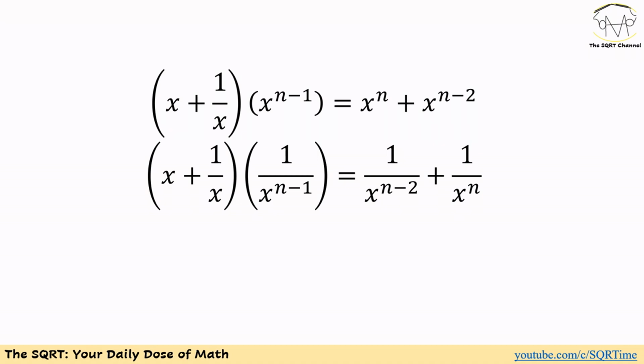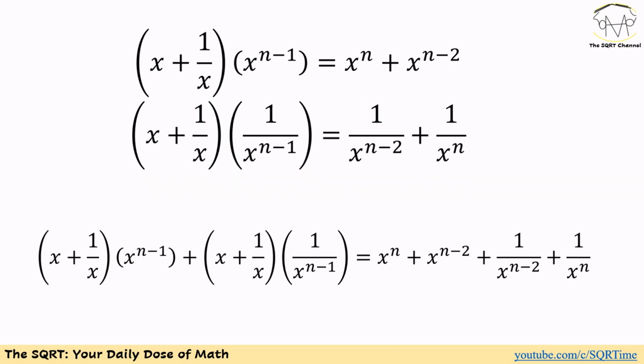On the other hand, on the right hand side, we are dealing with f of x for n and f of x for n minus 2. Based on this, we can add the left hand sides together and the right hand sides together, and we end up with the equation that you are seeing here.